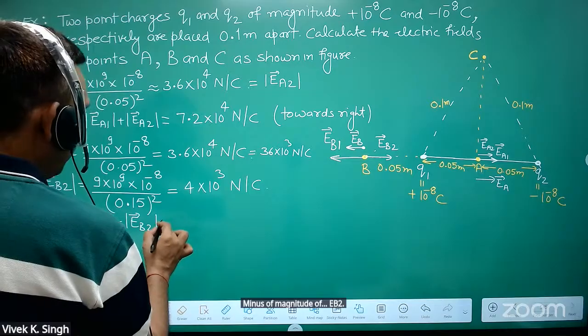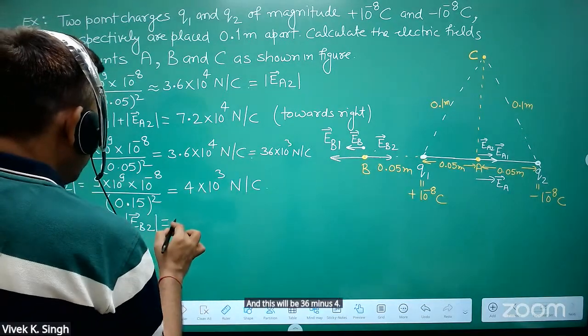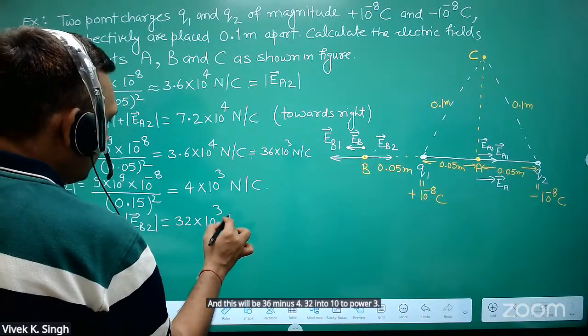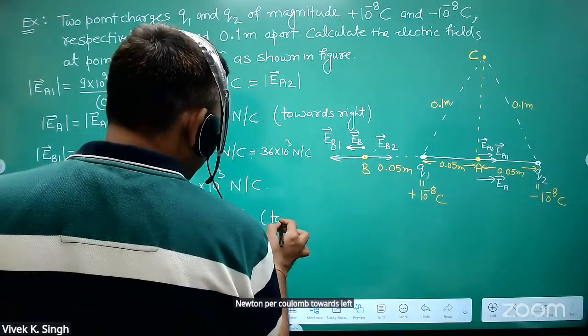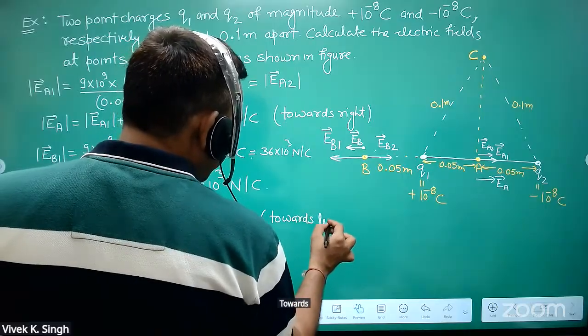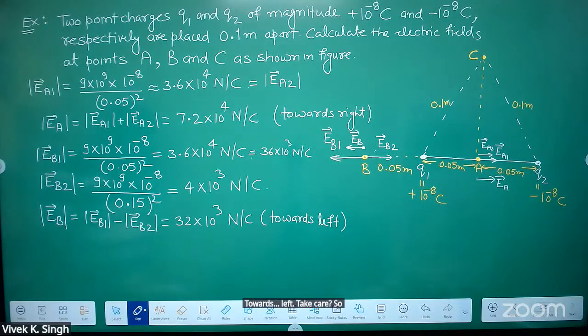And this will be 36 minus 4, 32 into 10 to power 3 Newton per coulomb towards left. Okay? So this is the electric field at point B.